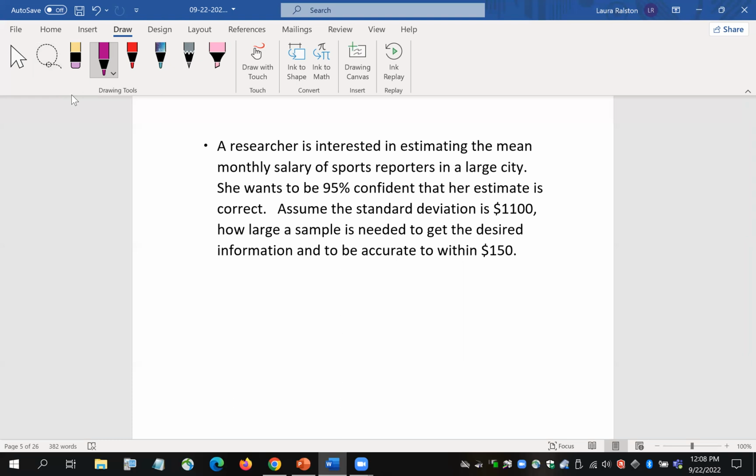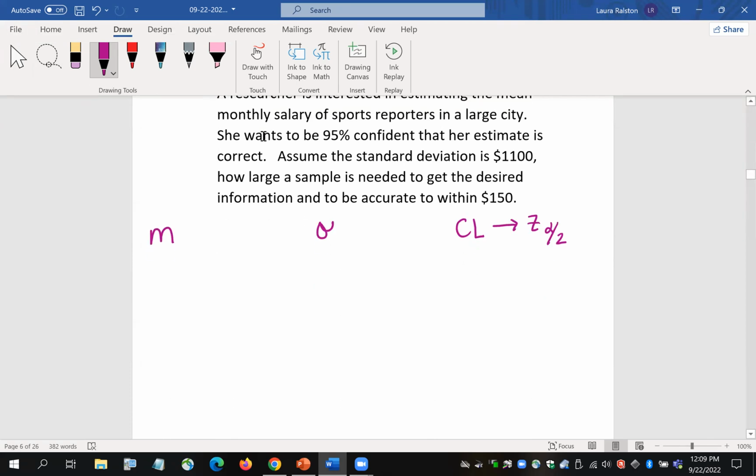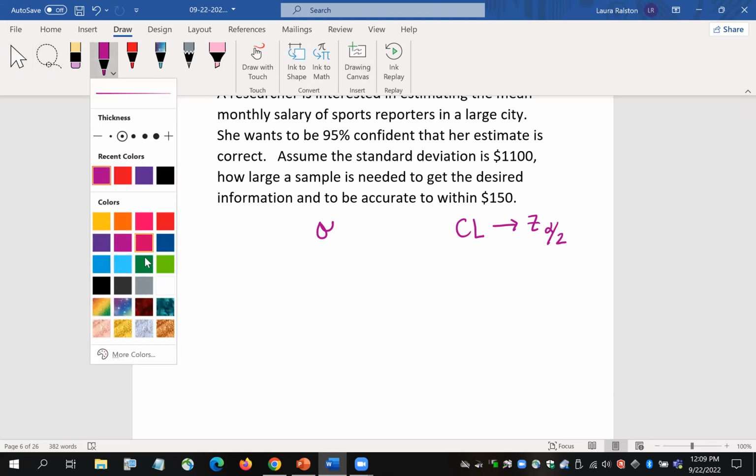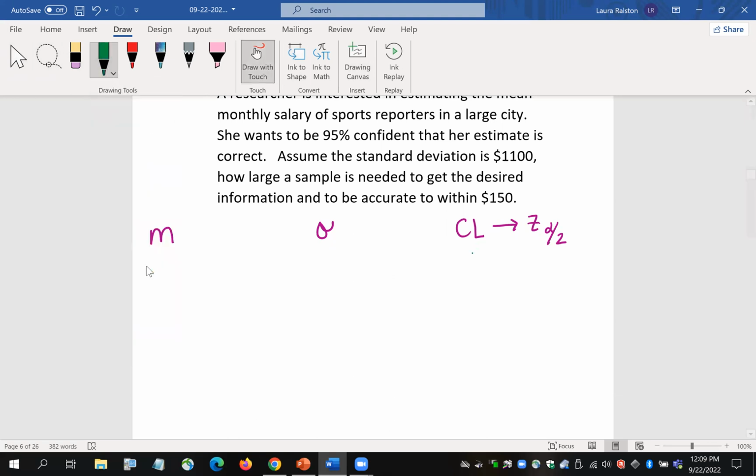Again, you should be given in the story your margin of error, your population standard deviation, and your confidence level, which ultimately leads you to your critical value. So reading back through this, she wants to be 95%. So my confidence level is 95%.